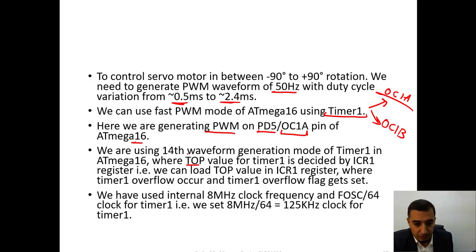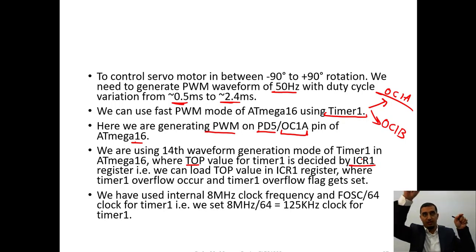The top value of timer 1 is decided by ICR1. What does top mean? It means the counter will count from 0 to top. Once it reaches top, it will start counting from 0 to top once more. The timer counter will not count to max.